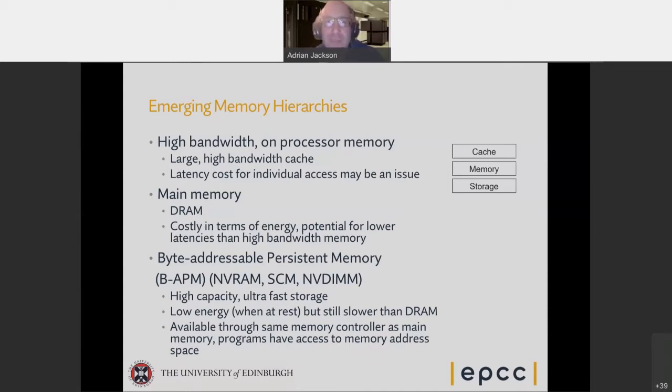specialized for different applications. Particularly, we now see high bandwidth on-processor memory, what's often called HBM or HBM2, which provides very large bandwidth for fast local memory on processors. An example of this could be a GPU.